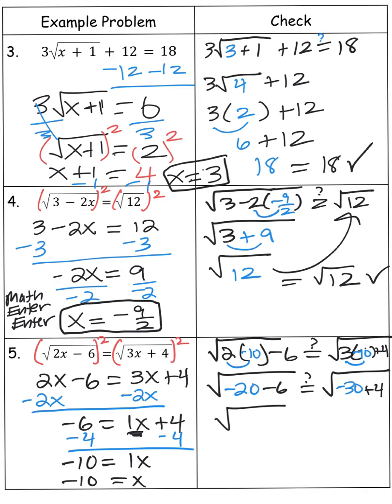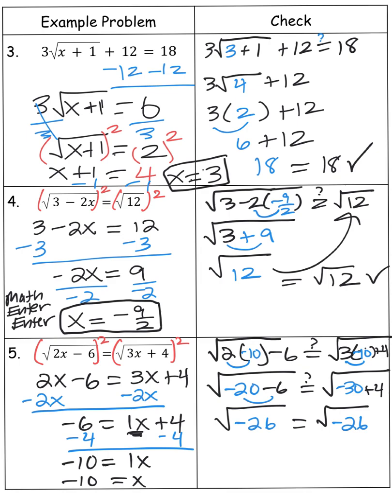On the left-hand side, I'm going to subtract those two numbers. So negative 20 minus 6 is negative 26. And on the right-hand side, I'm going to add negative 30 and 4. Negative 30 and 4 also equals negative 26.